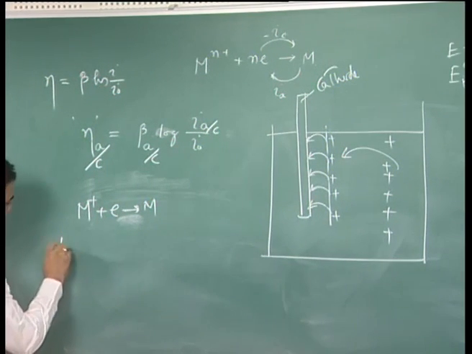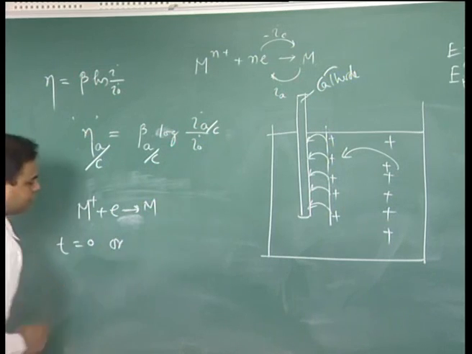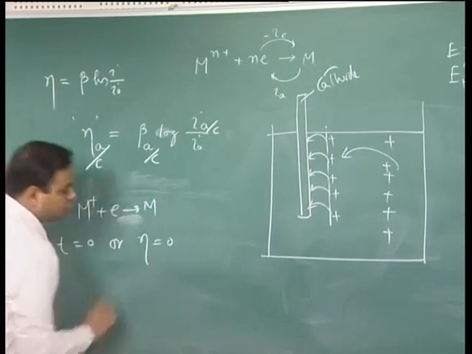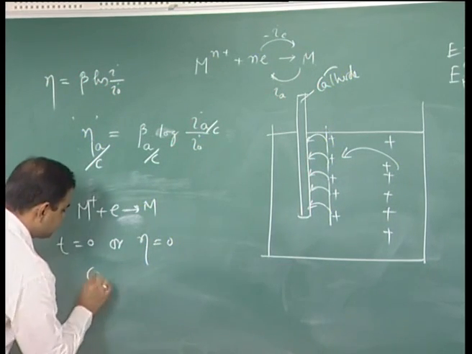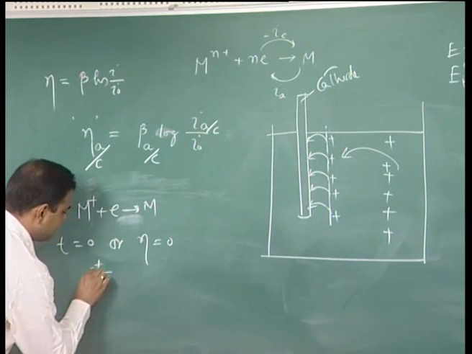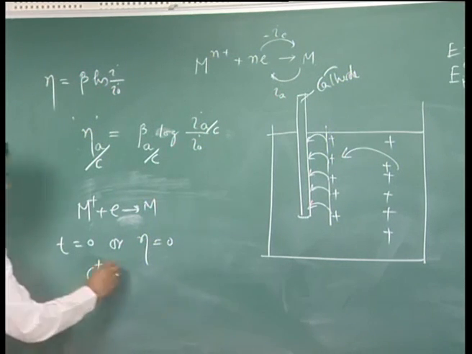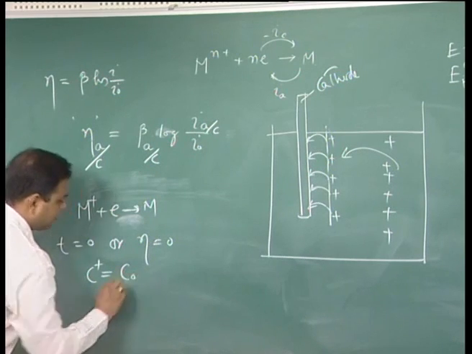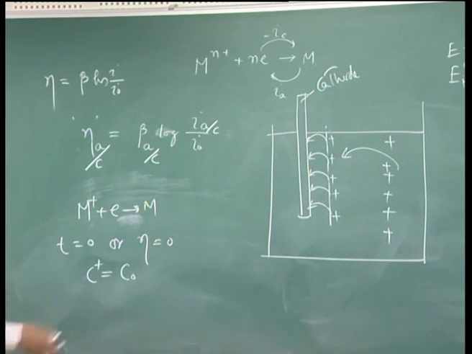So when t equal to 0, when polarization is 0, the concentration of positive charge is around C0 at this surface.